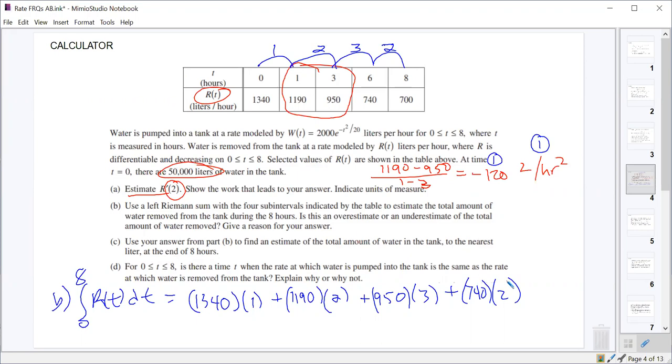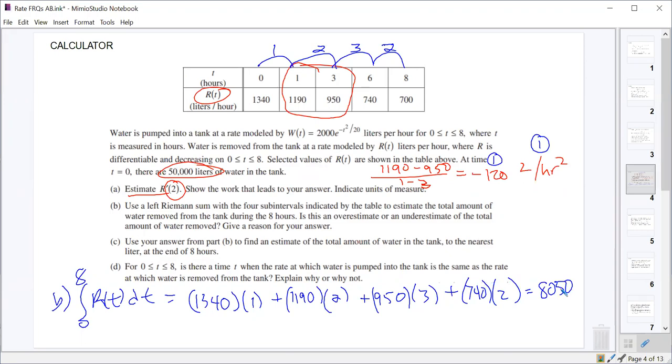Good or no? All right. Add all that together and you get something. What do you get? It's like 8,050 if you add those all up, I think.